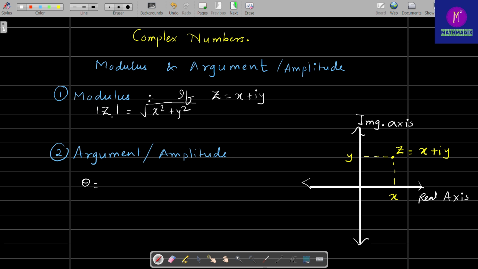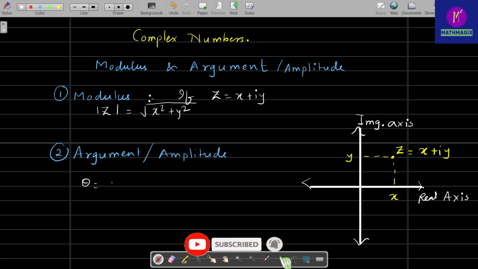So what is the modulus of z? It is nothing but the square root of x square plus y square. Then there is another term called argument or amplitude. Argument or amplitude is nothing but the angle theta. So what is this angle theta? This angle theta is the angle of this complex number z equal to x plus iy measured from the positive real axis.